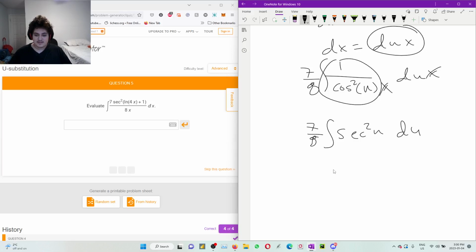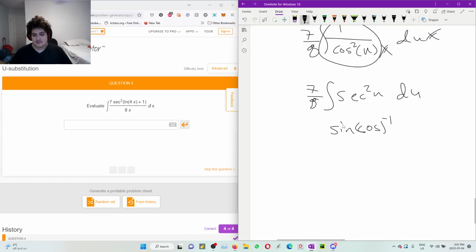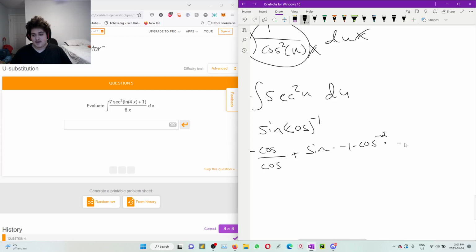So if you have tangent is sine over cosine, right? Let's say sine cos to the minus 1, right? Well, not arc cosine, right? So let's just do it like this then to show it. So the derivative of this is, we do the derivative of the first one times the second, plus the first one times the derivative of the second, which is going to be minus 1 times cos minus 2 times derivative of cosine, which is going to be minus sine.